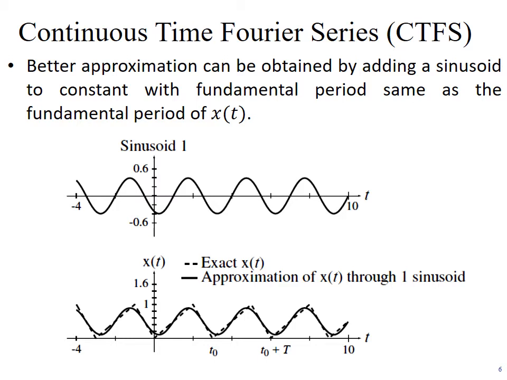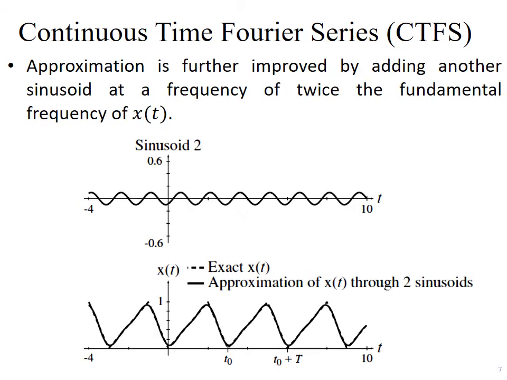So as we keep increasing the sinusoidal waveforms, the accuracy of the approximation would keep increasing. For example, this one. Now we have added another sinusoidal waveform of frequency twice the fundamental frequency. Fundamental frequency is the frequency of the first sinusoidal waveform.